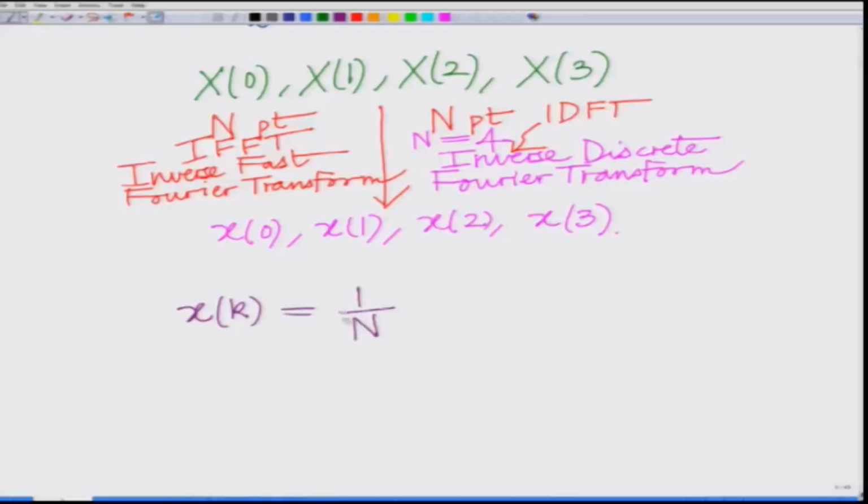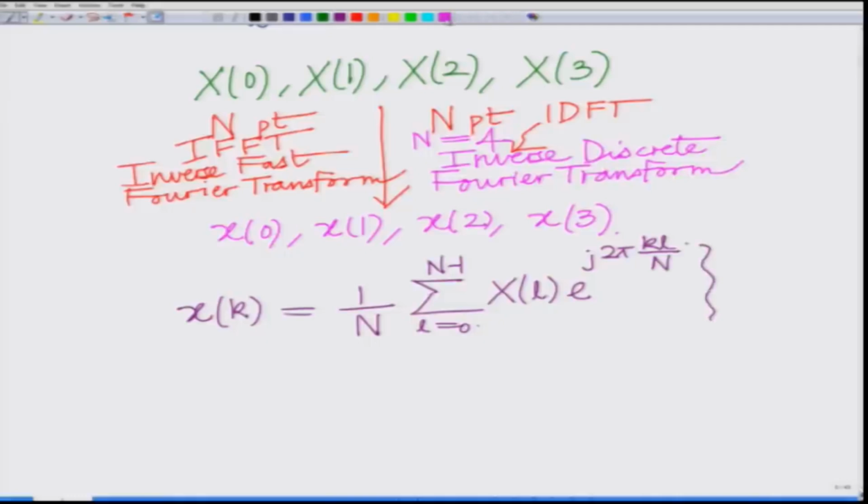As you know, this is given as 1 over N, summation L equal to 0 to N minus 1, capital X L e to the power of j 2 pi k L divided by N. This is the expression for the IDFT. All of you should be very familiar with this. Now setting N equal to 4.